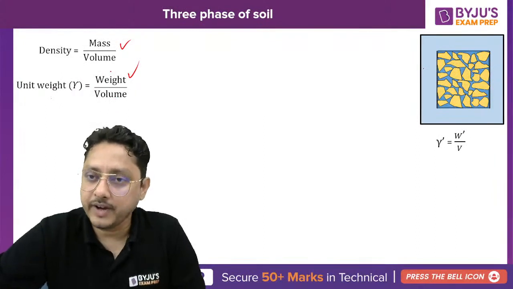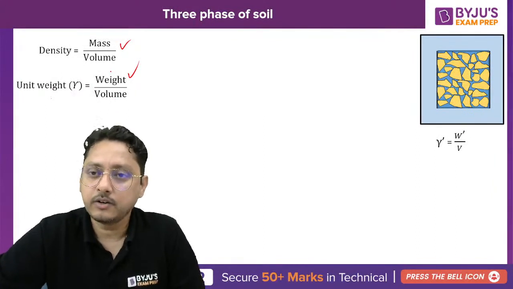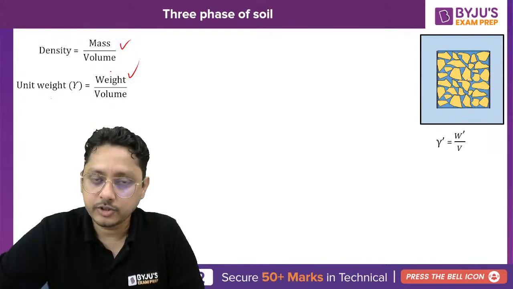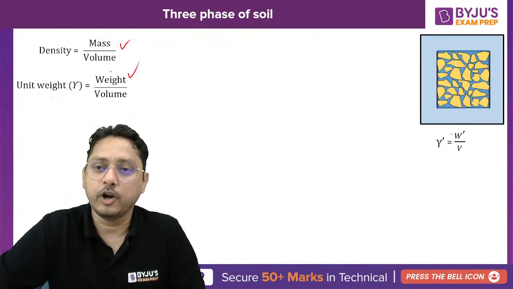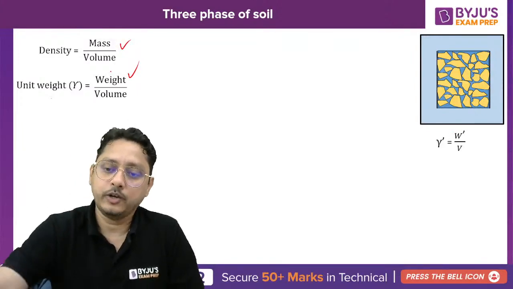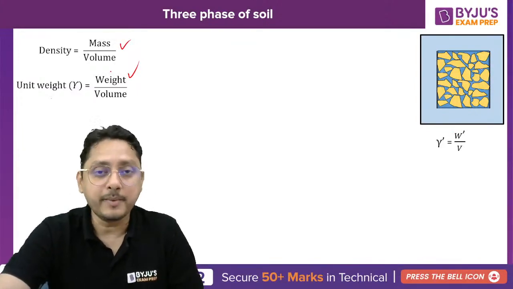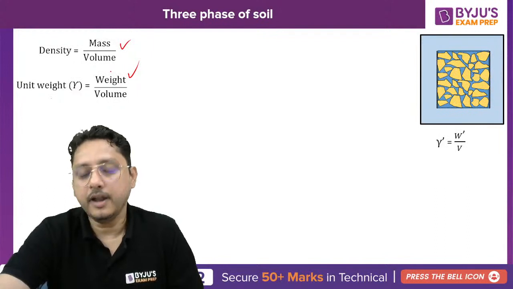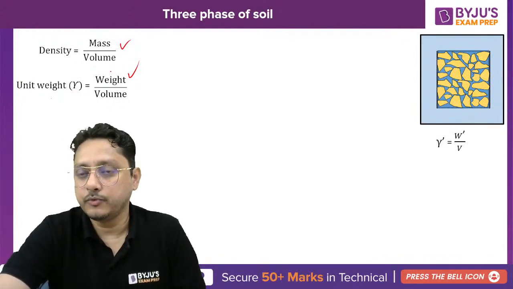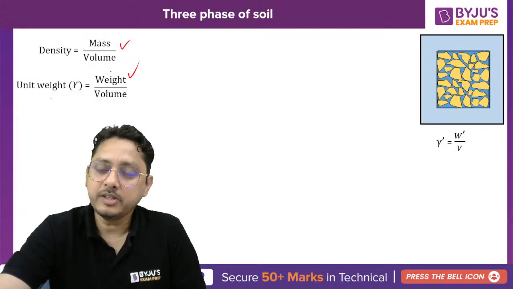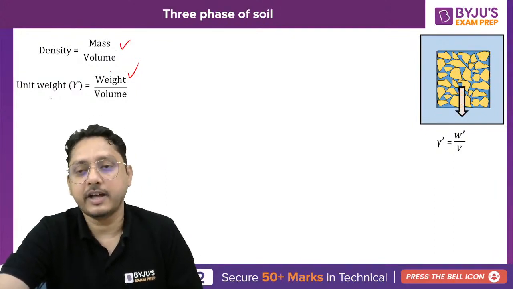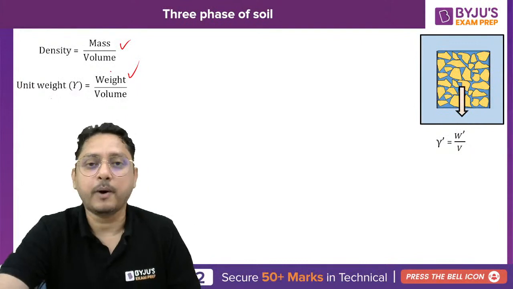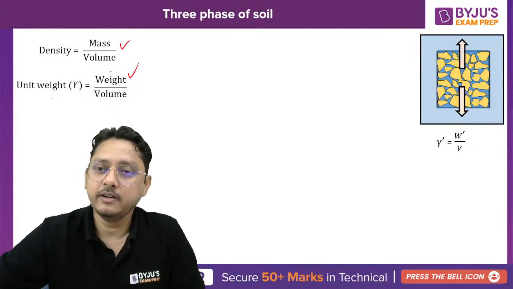So whatever the weight of this soil is under the submerged condition, that weight divided by the volume of the soil will give you the submerged unit weight. Then how will you understand the submerged unit weight? If you are immersing your soil inside the water, what will happen? It has a weight which acts downward, and the buoyancy force acts upward.